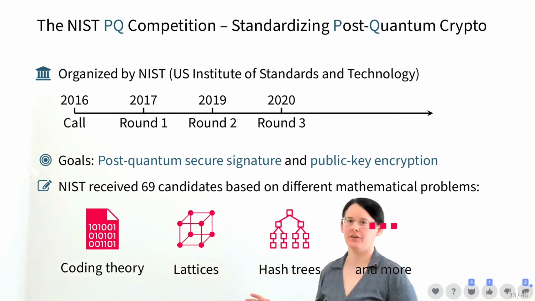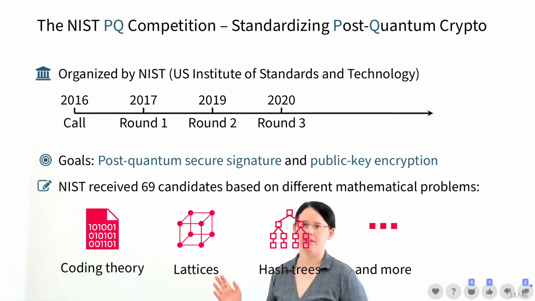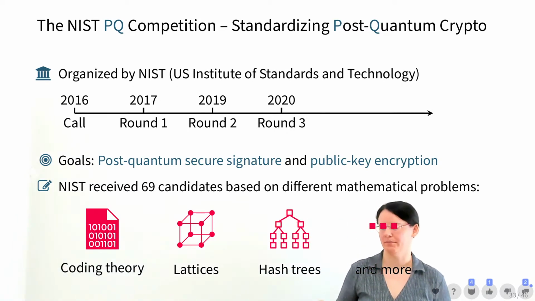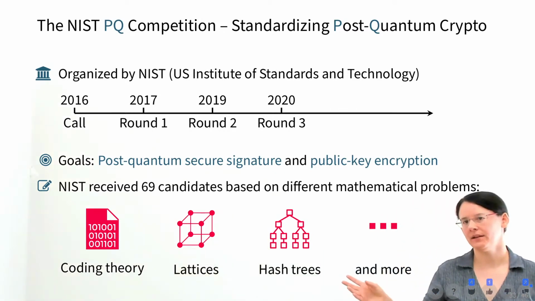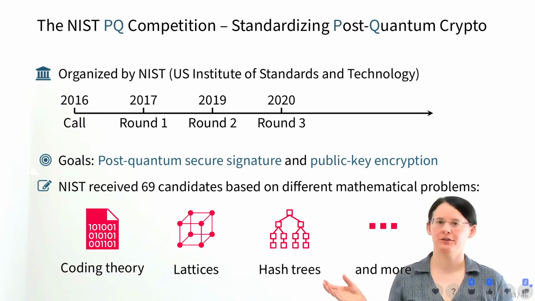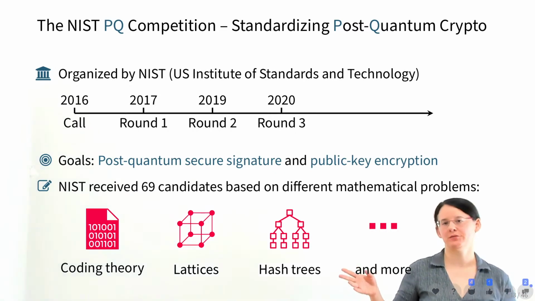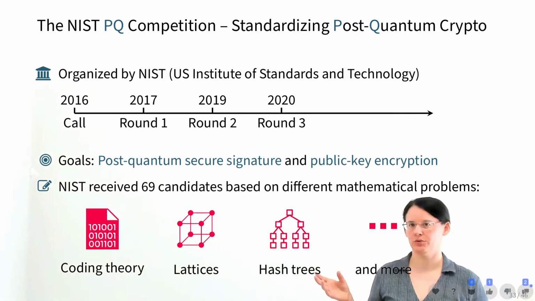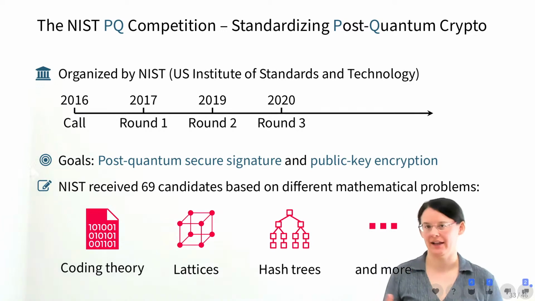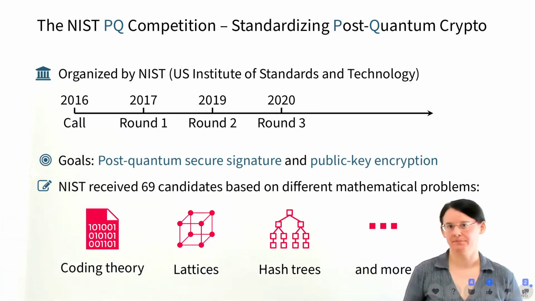And some of these areas that we use here are so-called coding theory, lattices, which is another mathematical object, or also constructions that are based on symmetric primitives, because we saw that symmetric crypto doesn't suffer as much. So people have tried to use ingredients from symmetric crypto to build something asymmetric, and hash trees are an example for that and can be used for signatures.